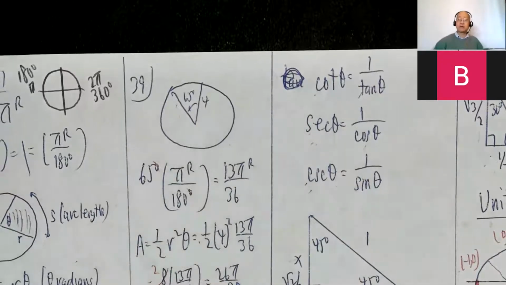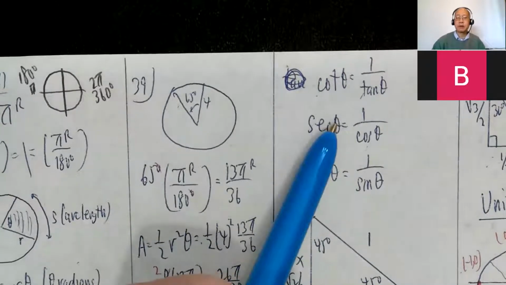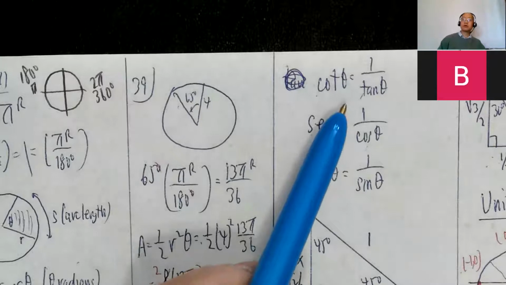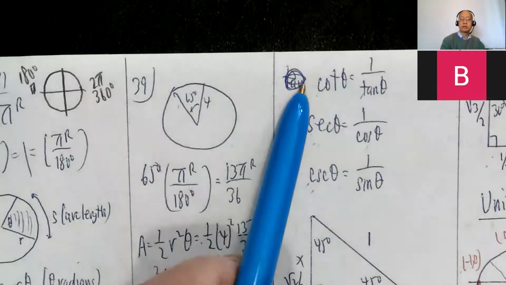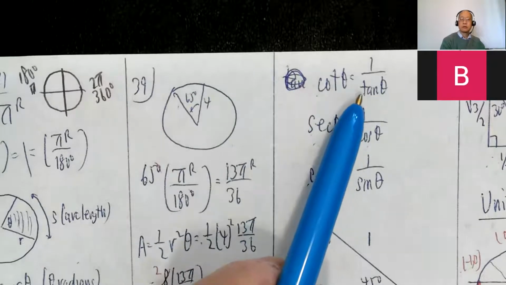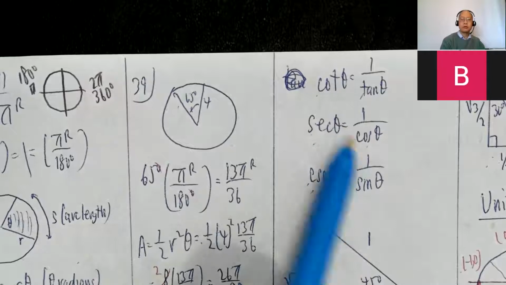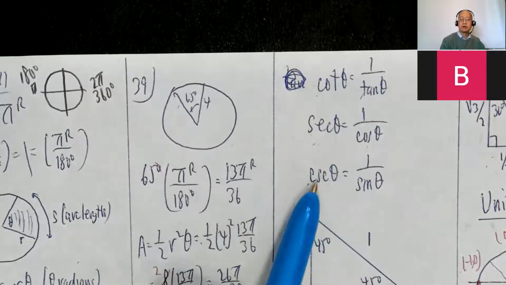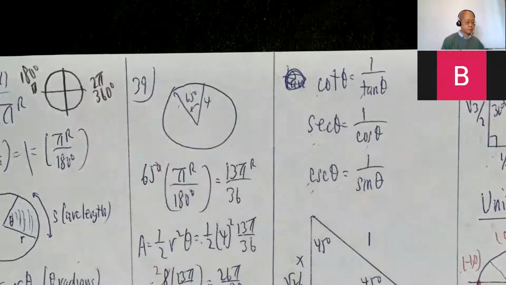That's if I were to make you memorize all of these, which I'm not, but in case next semester your teacher makes you memorize all these, that's a memory trick. If one function has a co, the reciprocal does not have a co. Tangent, cotangent. Co, no co. Cosine, secant. Co, no co. Cosecant, sine. Co, no co.